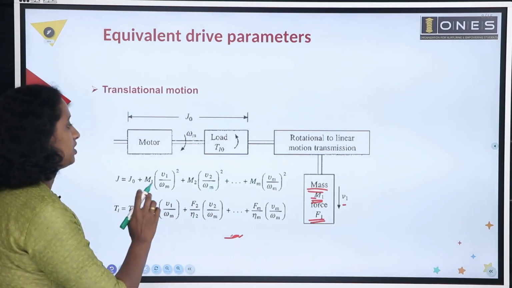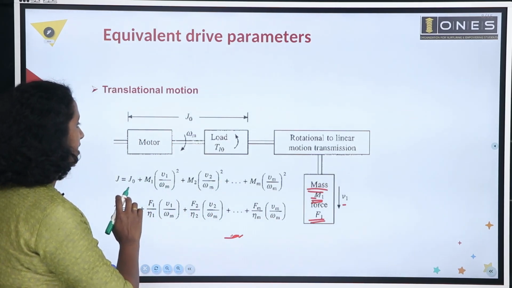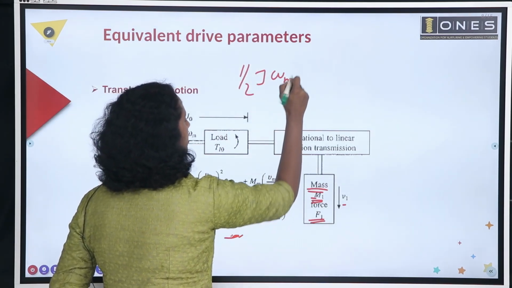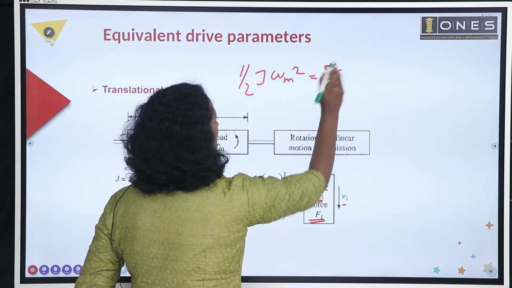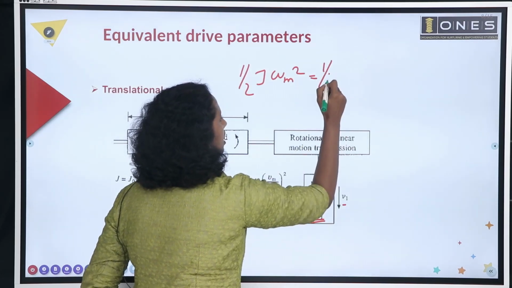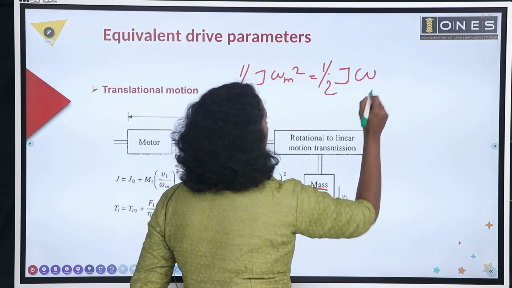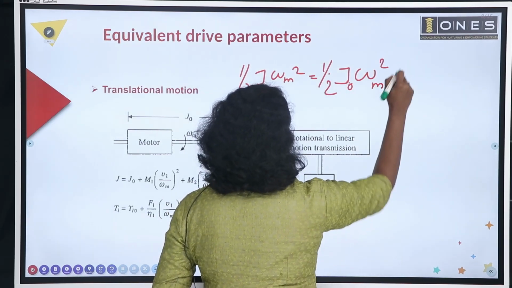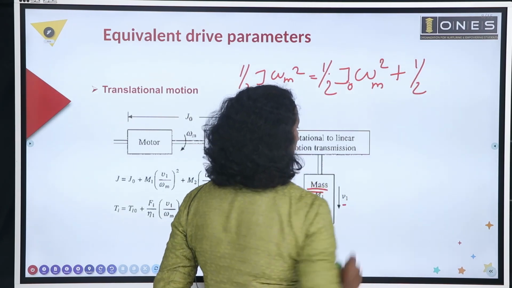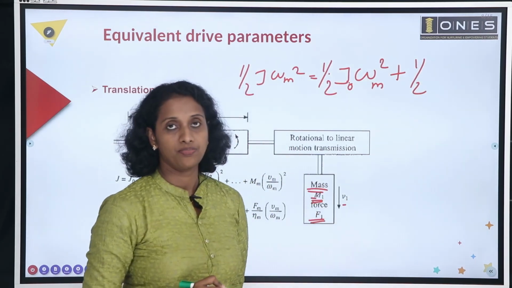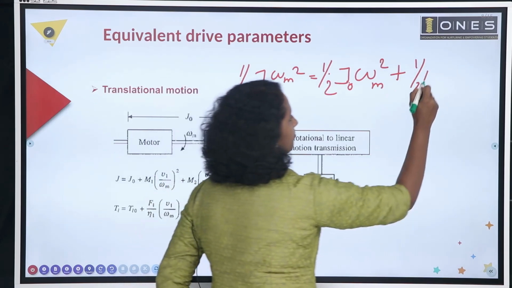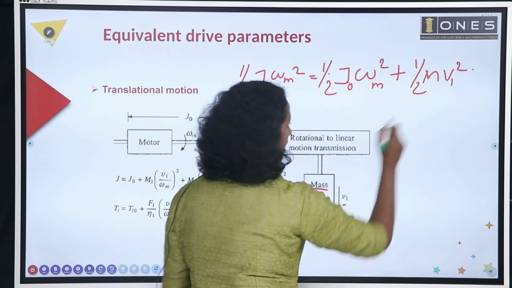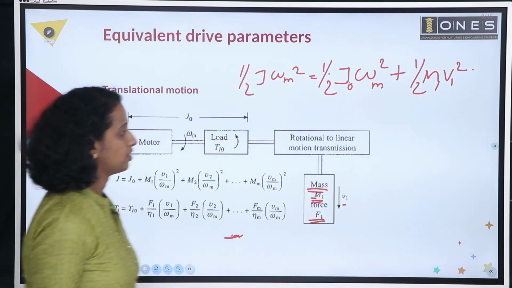First of all, what about the equivalent kinetic energy? Half J omega m square is equal to half J0 omega m square plus half the kinetic energy of a translatory system, that is half m1 v1 square.